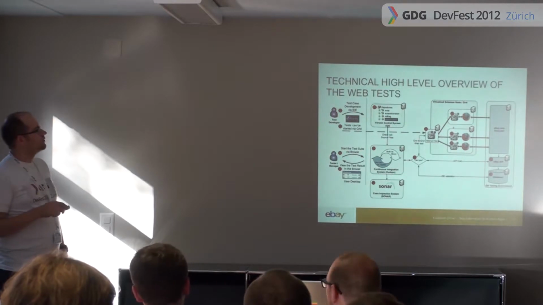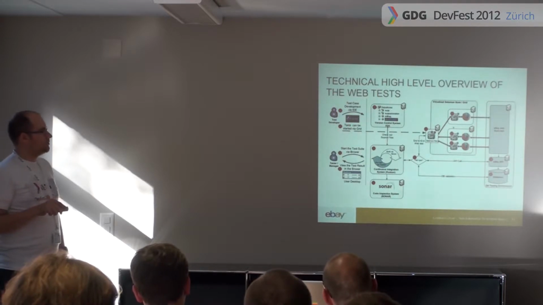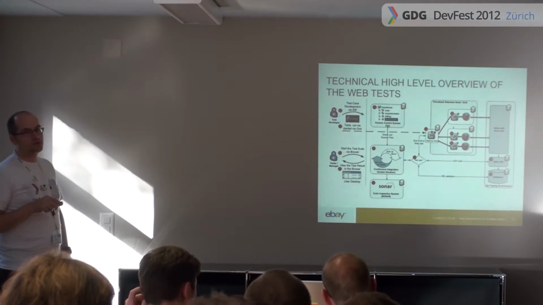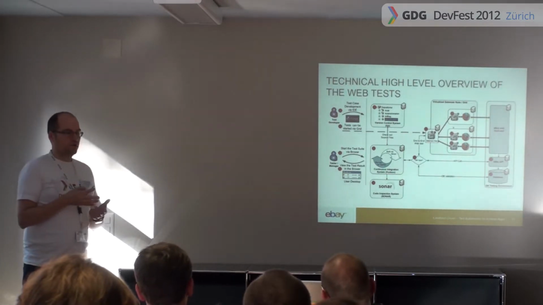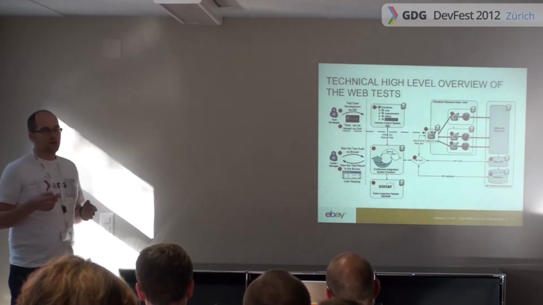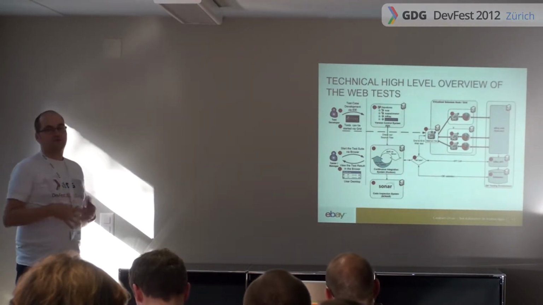And also because we're writing the tests in Java, in between we have API calls and database calls. So for example, if we're testing the eBay checkout, we list an item up front via the API, which is very fast.